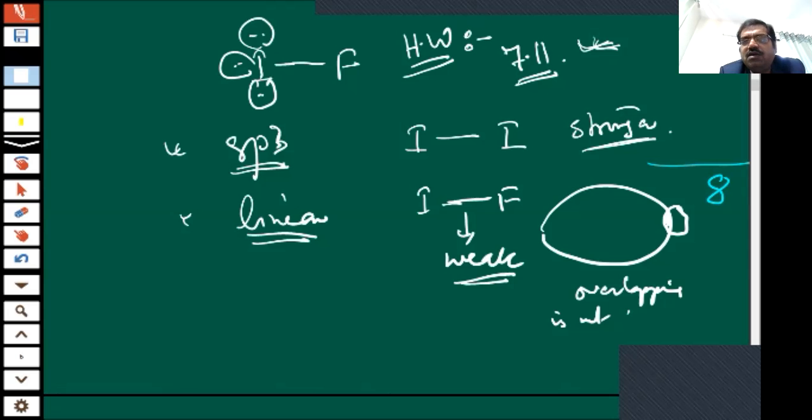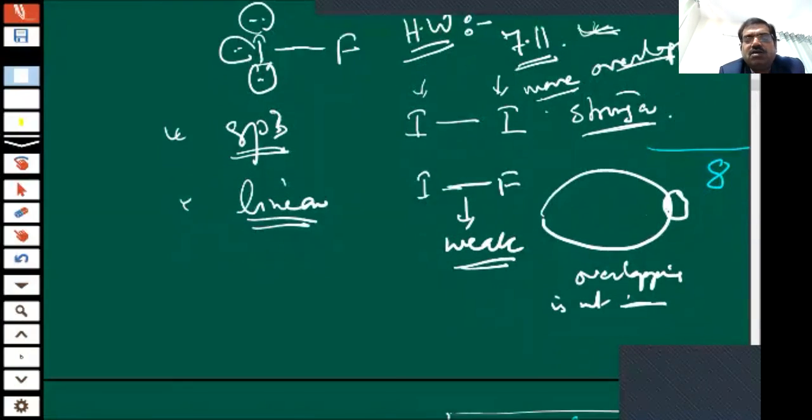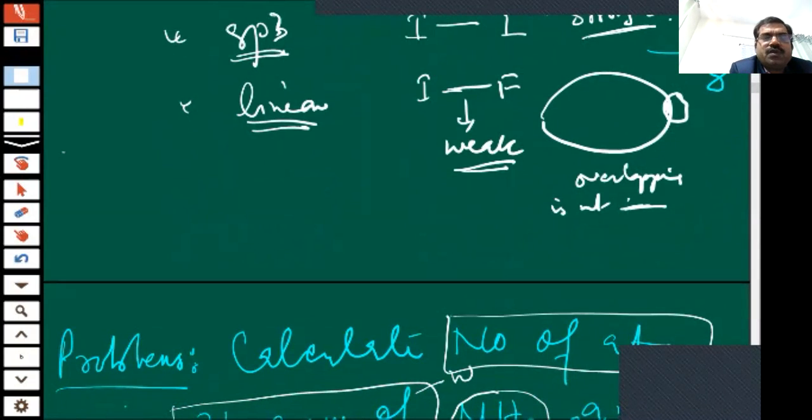But here both the overlappings are of the same size, so there is more overlapping, as in pure halogen. So this is a stronger bond and this is comparatively weaker, because there is no symmetrical overlapping. Did you understand, children?